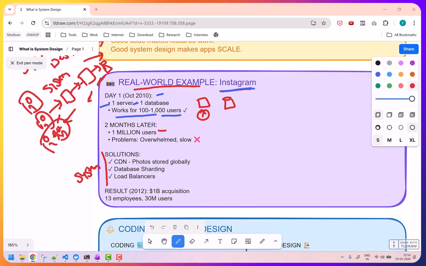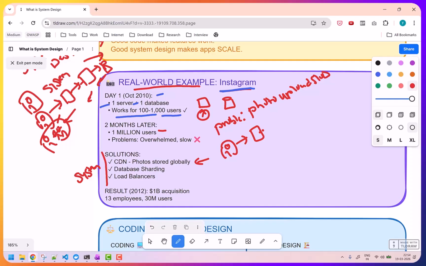What they realized is that photo uploading was slow because of the huge number of users. So they brought a CDN. CDN is a content delivery network. It stores photos in multiple locations worldwide, near the user's location. If the user is in Tokyo, the photo will be stored near the Tokyo server, so that gives the user fast upload and fast retrieval.